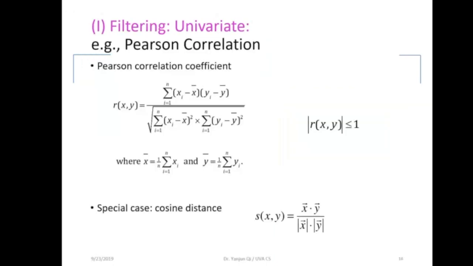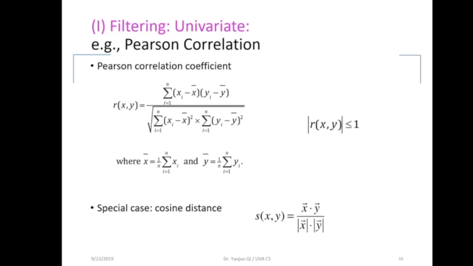So there's one thing I want to emphasize. There's a distance called cosine, a very important distance measure in information retrieval. The cosine is actually just a special case of Pearson correlation. If you look at this equation, a cosine is just x and y doing an inner product, right?